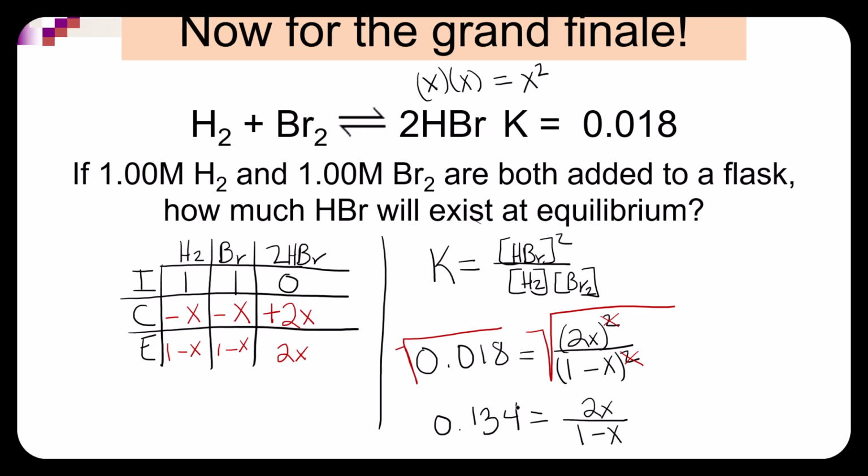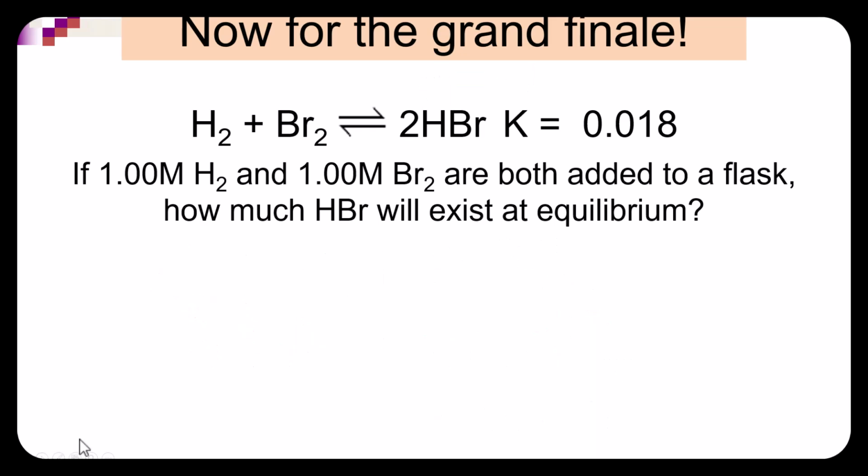So I'm going to skip to the next slide so I have some room to work here. So where were we at? We had 0.134 equals, we had 2x and we had 1 minus x.